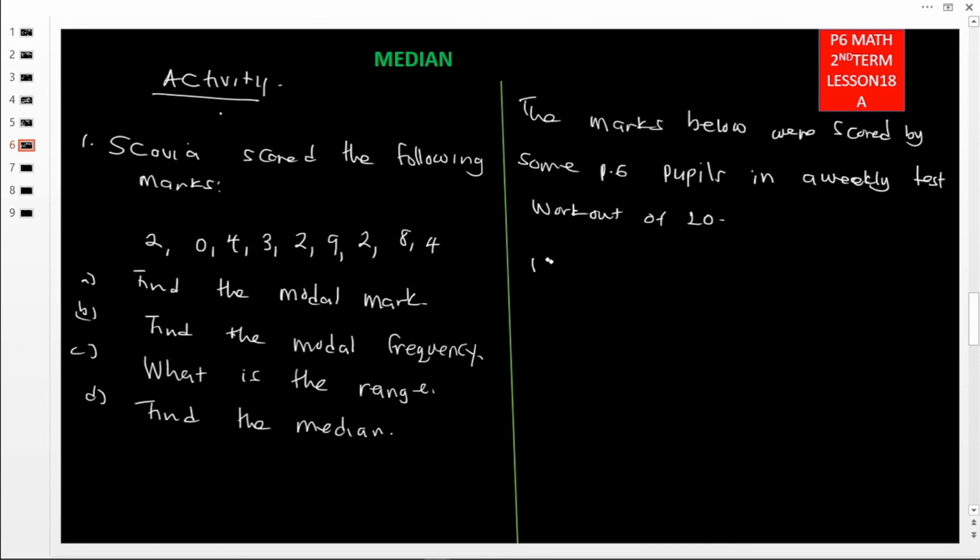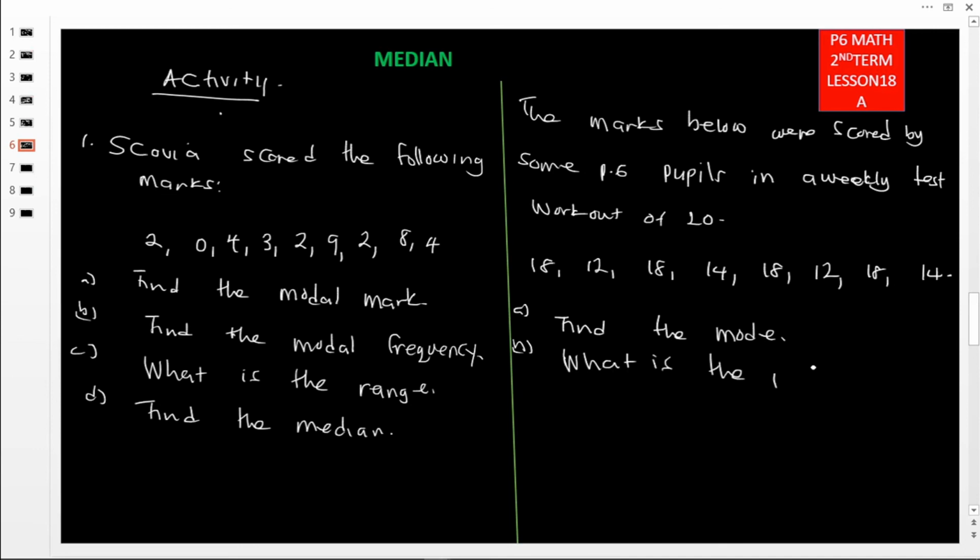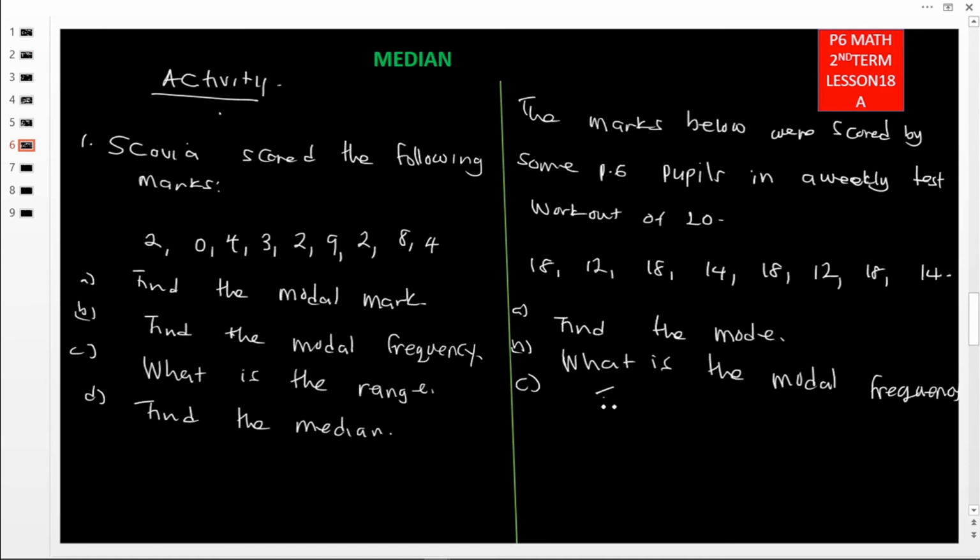These are 18, 12, 18, 14, 18, 12, 18, 14. Part A, find the mode. Part B, what is the mode frequency? Part C, find the range. And part D, find the mean.